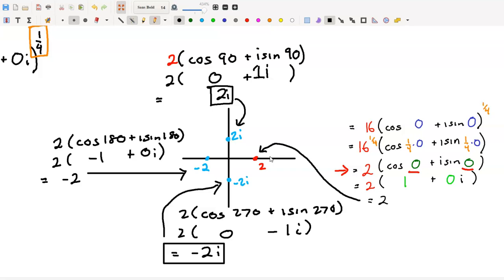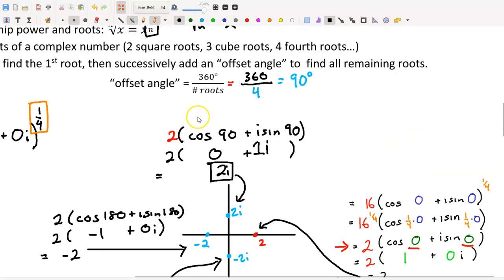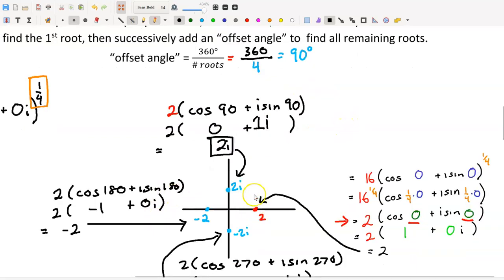But it's nice to see, especially on fourth roots, with 4 roots, you're always going to get 90-degree rotation. So fourth is kind of an easier problem. You can imagine that for a fifth root, these angles would be 360 divided by 5. You have 72-degree rotations. It wouldn't be looking as nice.